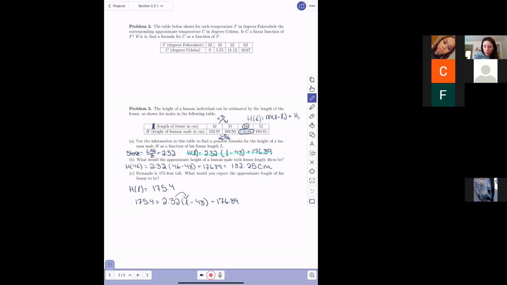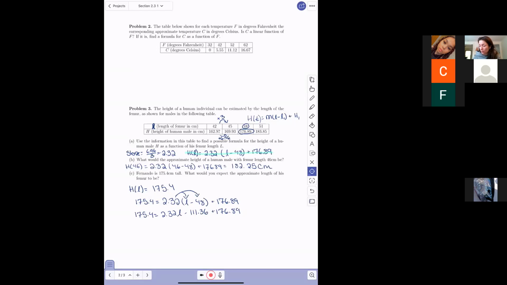First thing we could do is distribute this 2.32 to the parentheses. So we have 175.4 is equal to 2.32 L minus 48 times 2.32 is 111.36 plus 176.89.